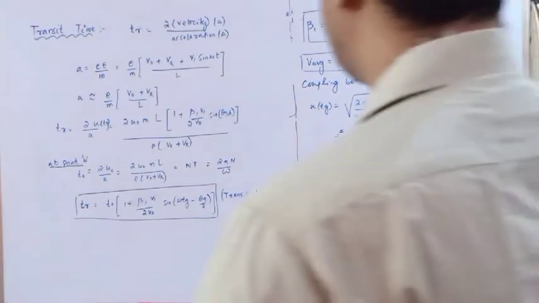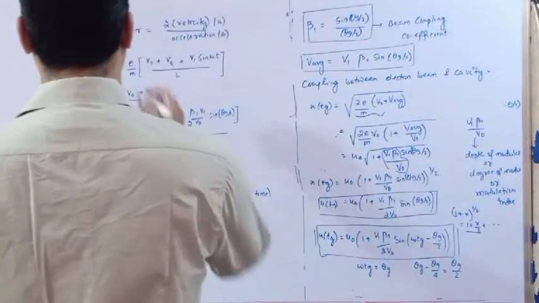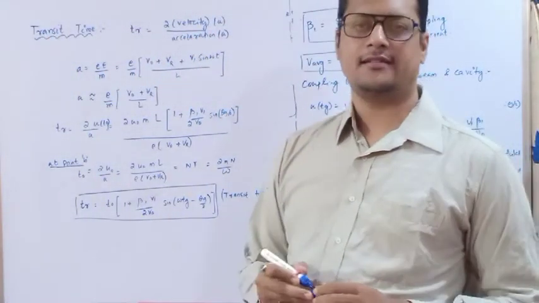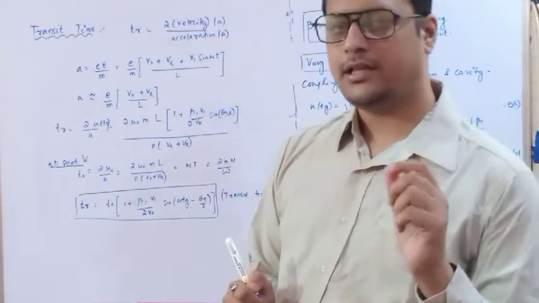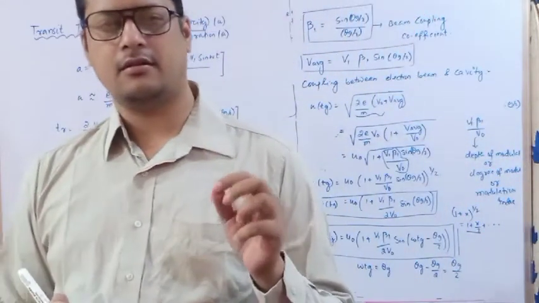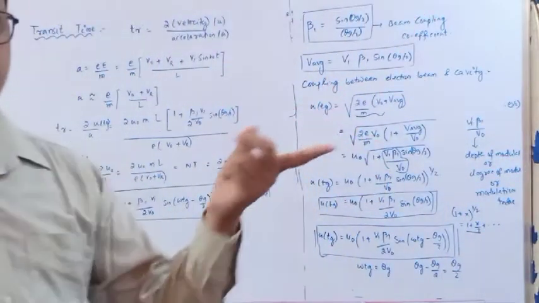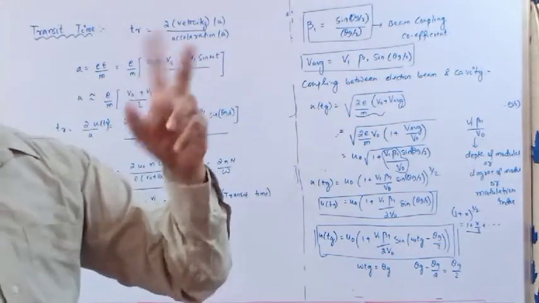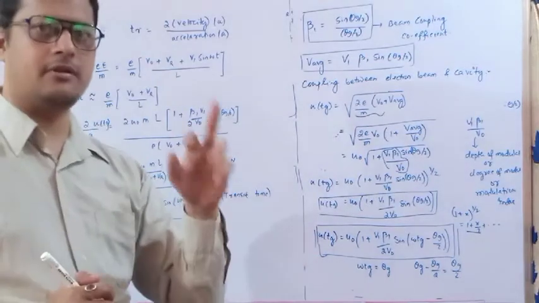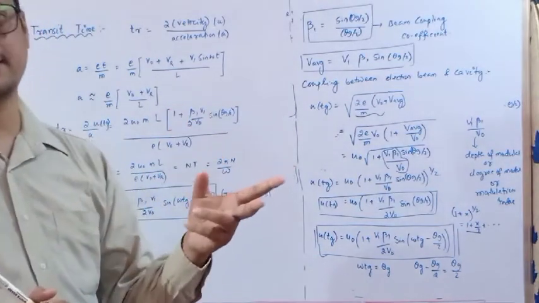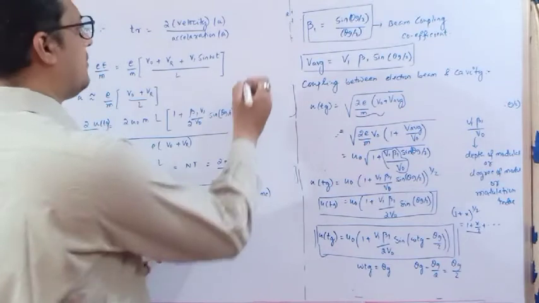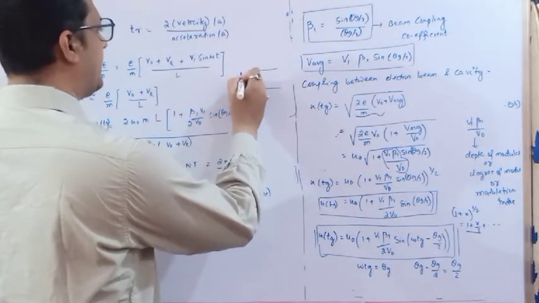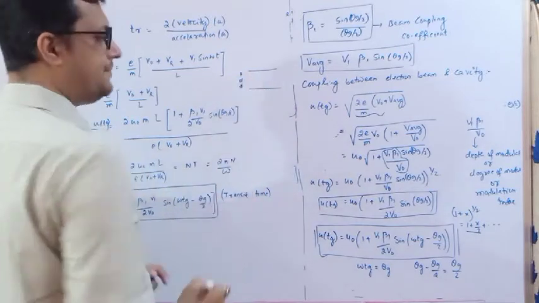So next one is our transit time. Transit time means when the electron is crossing the gap and again returning back to the gap. So that means twice, so twice we have to calculate. Let us consider the cavity gap is a small d.